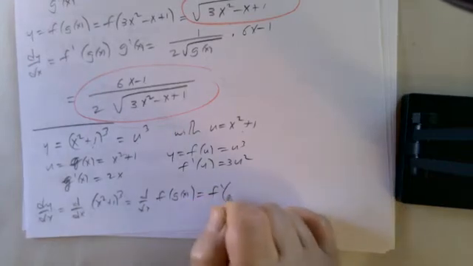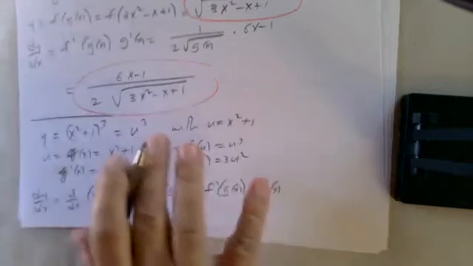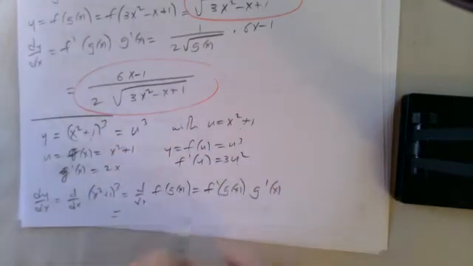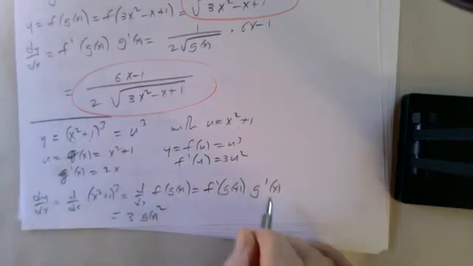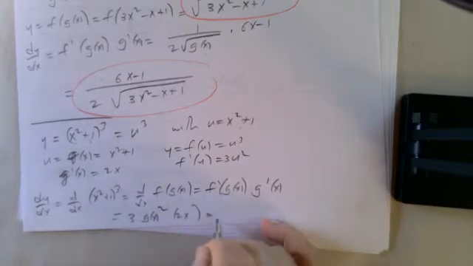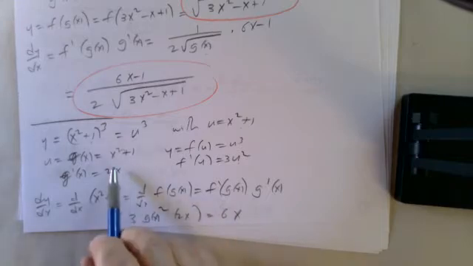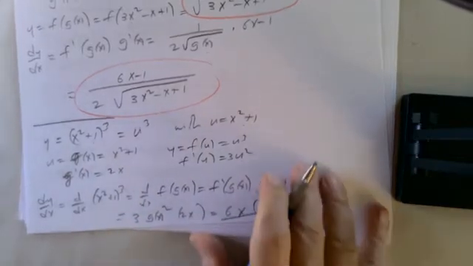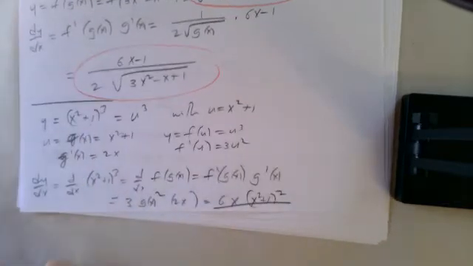So this is f prime evaluated at g of x times g prime of x. f prime of u is 3u squared, so this is 3 times g of x squared times g prime of x, which is 2x. So this is equal to 6x. And g of x squared, what was g of x? x squared plus 1, squared.